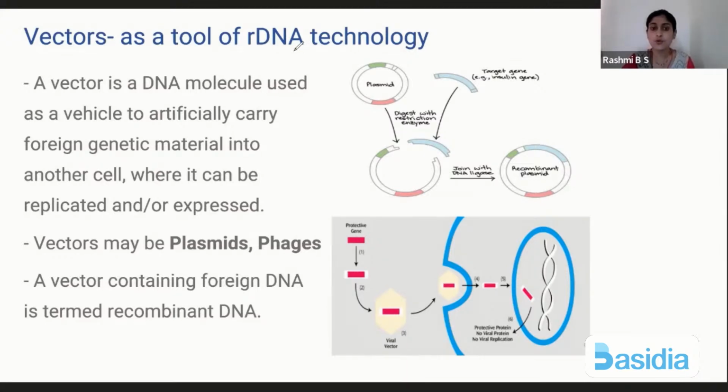I use restriction enzyme to digest it, and with the same restriction enzyme I cut my gene of interest, that is insulin. Now with the help of ligase enzyme, I fixed, or glued, that insulin gene into the plasmid here. And now I give it back to E. coli cells. So this is the E. coli cell.